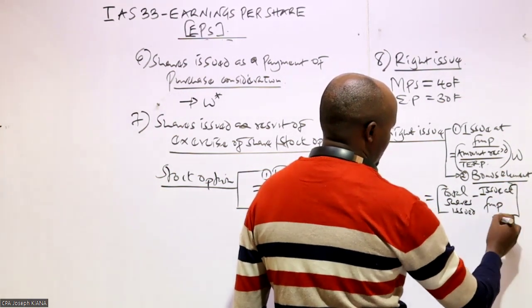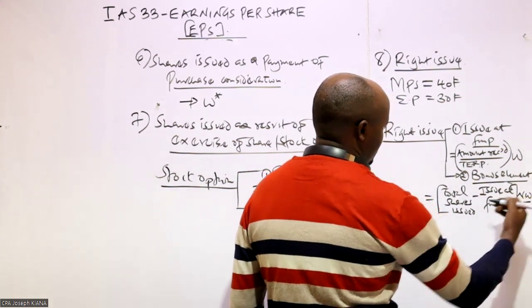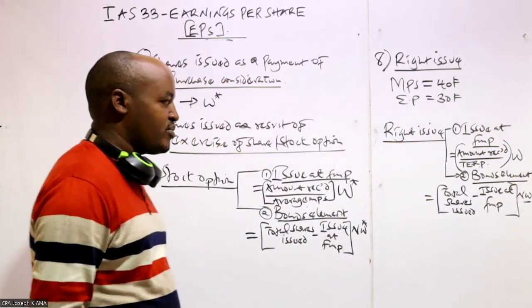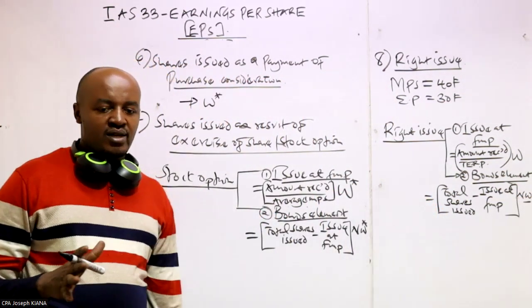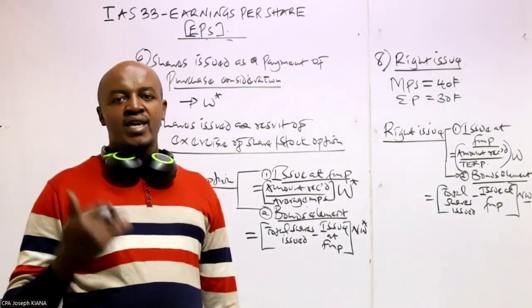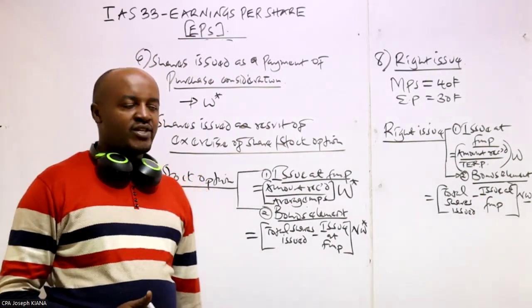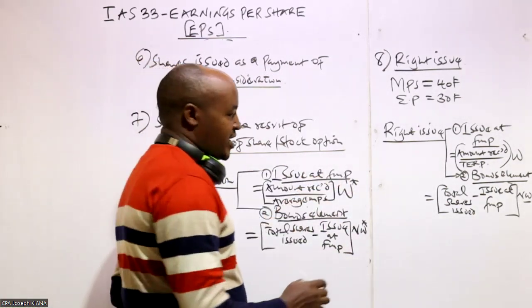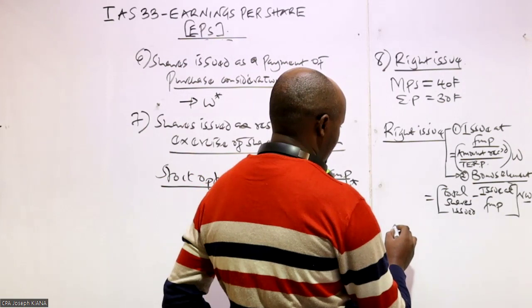This bonus element, number one, is not supposed to be weighted on a time basis during the current year. And number two, we also use it to restate the earnings per share of the previous financial year. So basically, this is how we deal with what you refer to as the right issue.